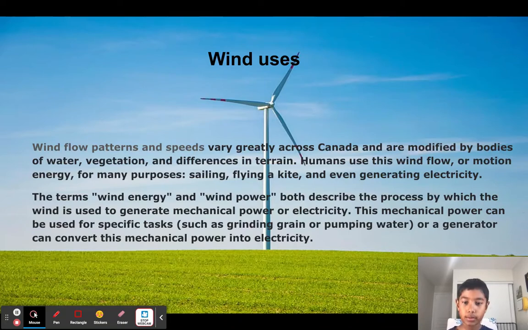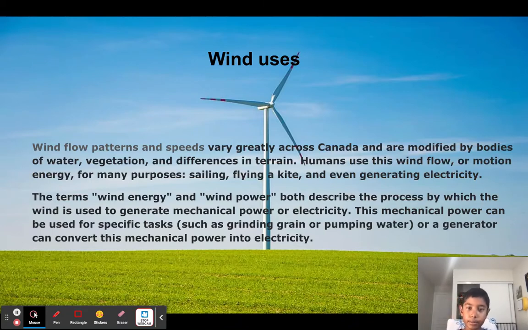The terms wind energy and wind power both describe the process by which the wind can be used to generate mechanical power or electricity. This mechanical power can be used for specific tasks, such as grinding grain or pumping water. Or a generator can convert this mechanical power into electricity too.